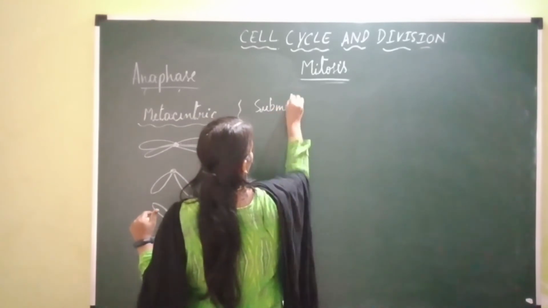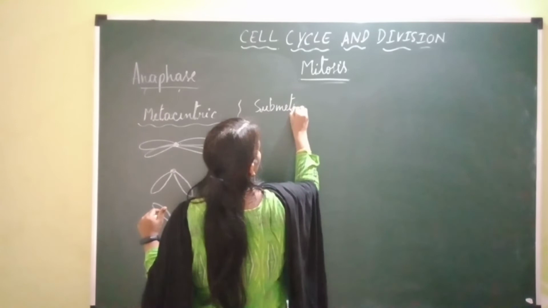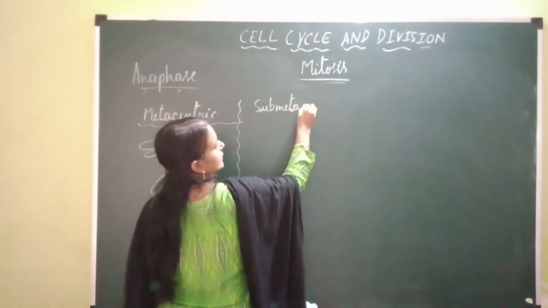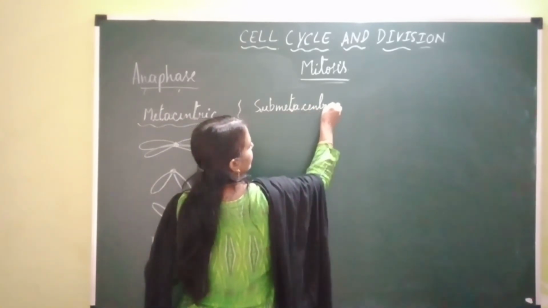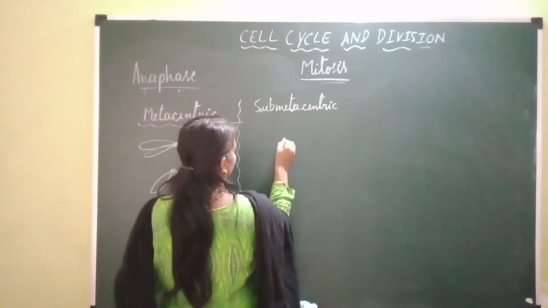A submetacentric chromosome is a chromosome which consists of the centromere near the end, just away from the center.